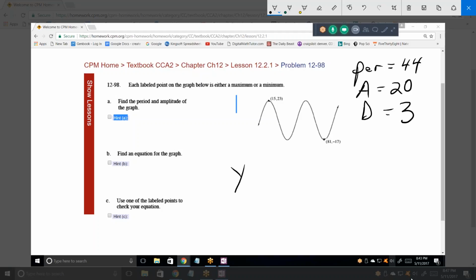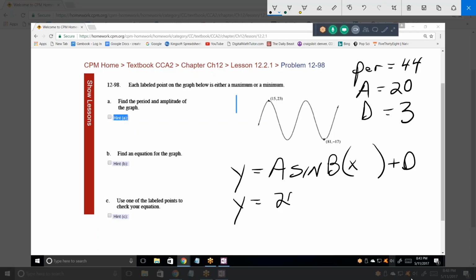So here's the standard form for a sinusoid curve. We can't tell if there's a phase shift because they didn't put a grid on here, so we can assume there's no phase shift. So I can erase that. So far we know A and D. So it's 20 sine of bx plus 3.